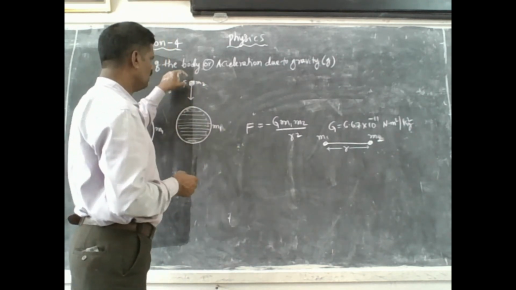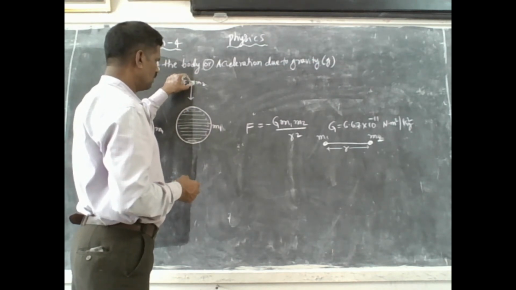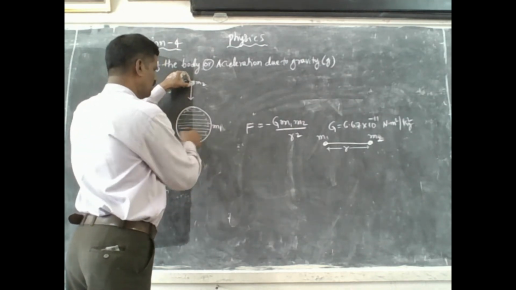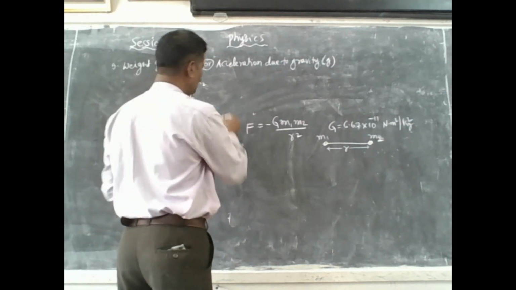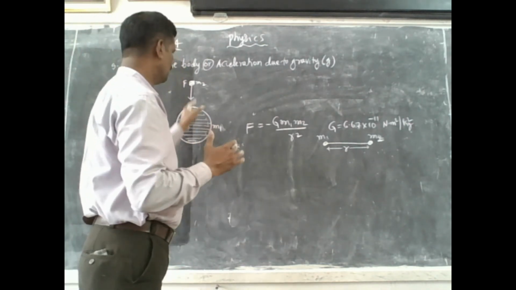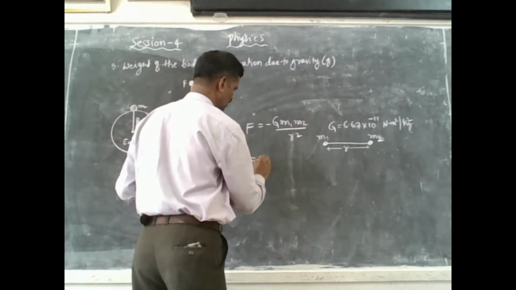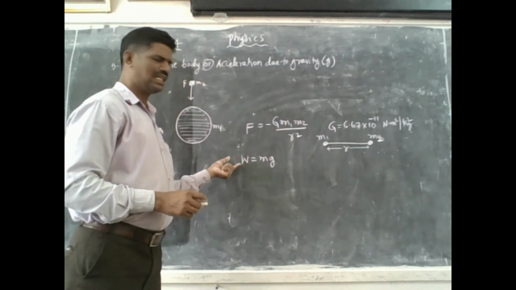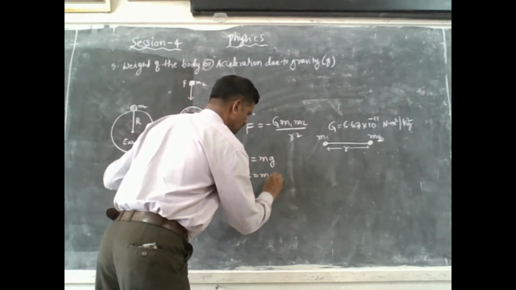In the same way, due to some height, the body is attracted towards the center of the earth by the body m1. Therefore it produces acceleration. We know that the force on the body is equal to its weight, we should not forget this point. So W equals mg, and W is nothing but a force. Therefore F equals mg.